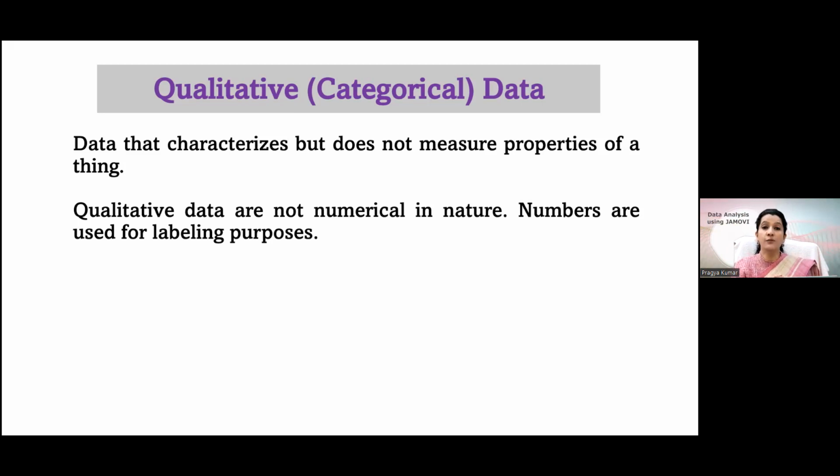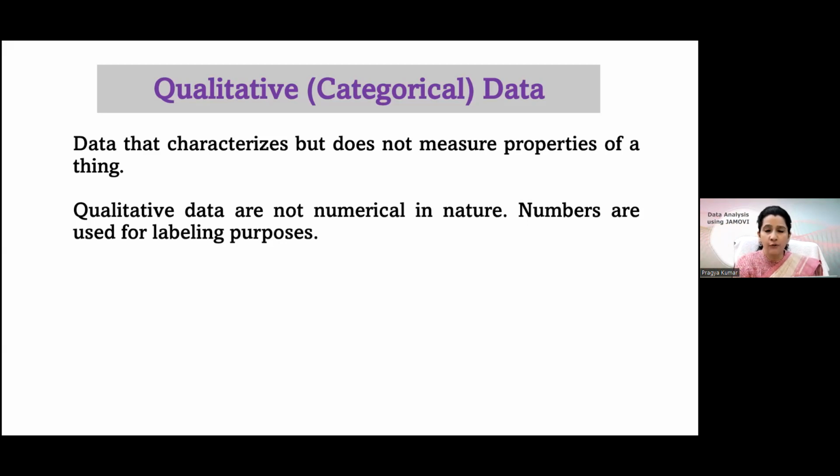So what is ordinal? When you give numbers to the data, you give them such that the higher number says higher in rank. Like pain: there is a pain score, VAS score, 1 to 10. If I say I have got an 8 in pain, that means I have severe pain.